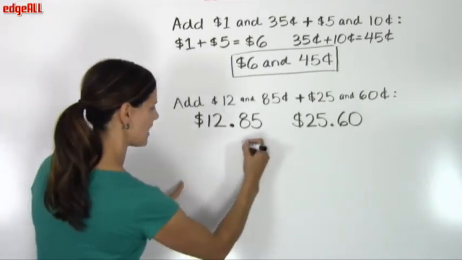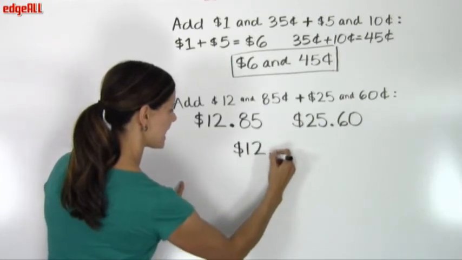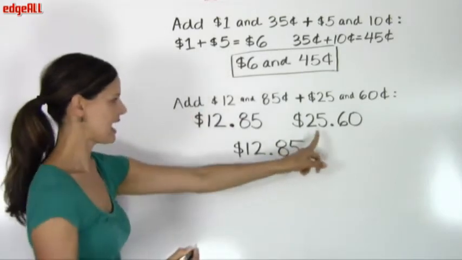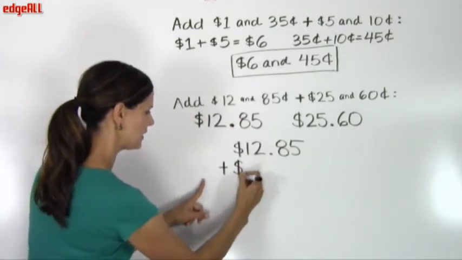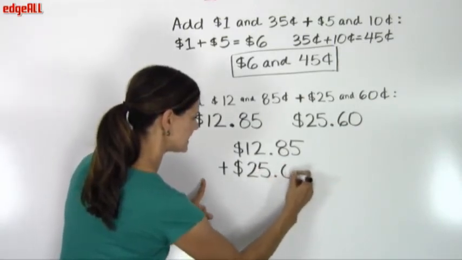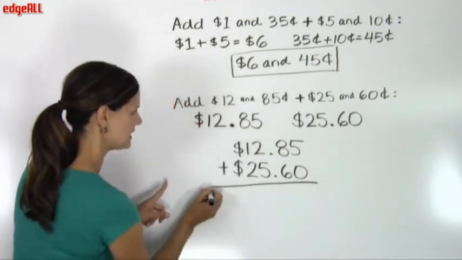So let's begin with the $12.85. And then I'm going to directly below that vertically line up the $25.60. I'll line those up and write them like this.